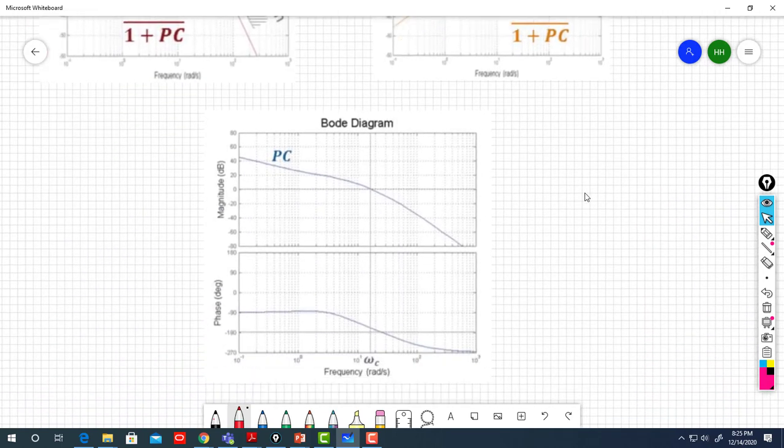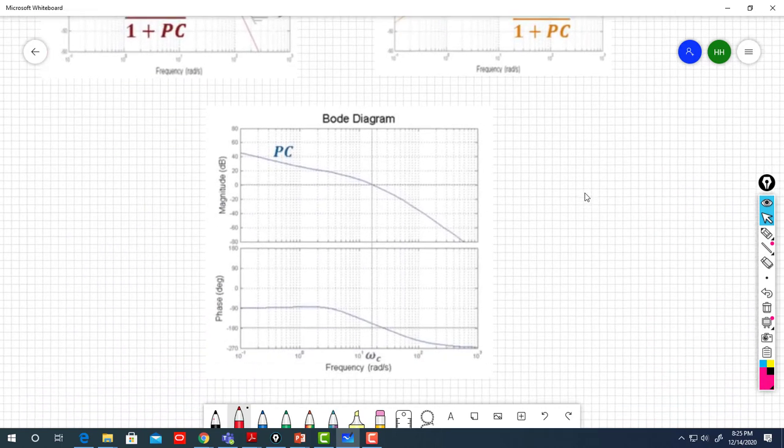And the good thing about PC is that you reshape the Bode diagram of P with a controller to your desired goal. So you design a controller to reshape the Bode diagram, as we designed a controller to reshape the root locus. Here we design a controller to reshape the open loop transfer function.